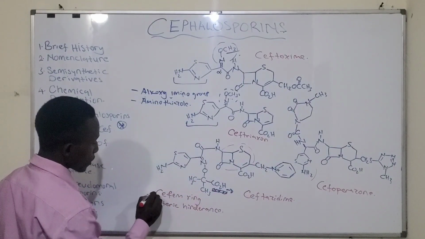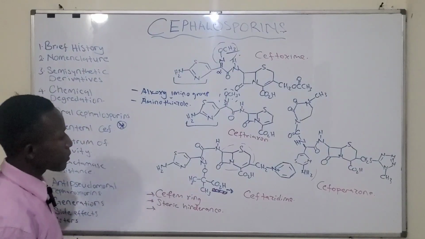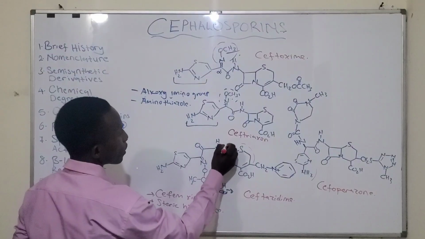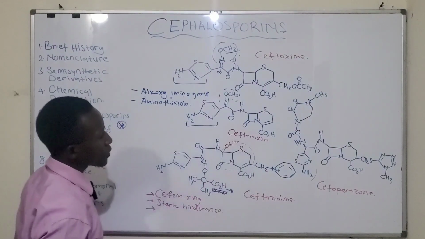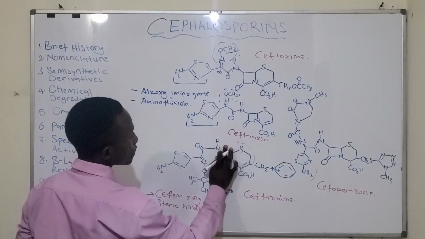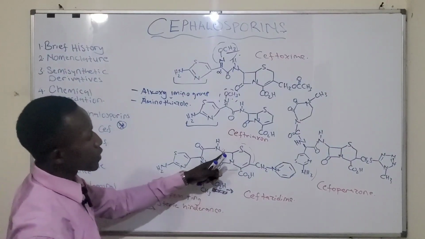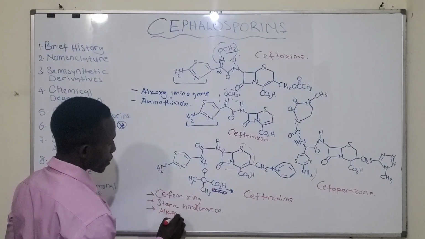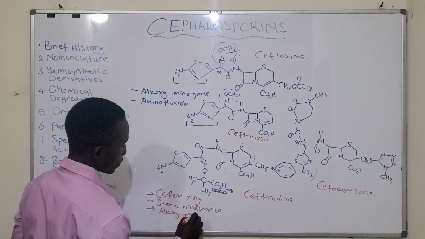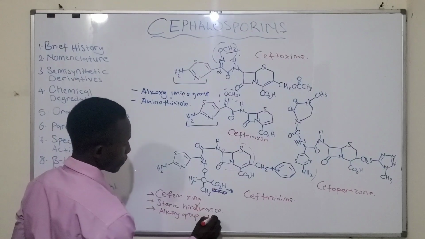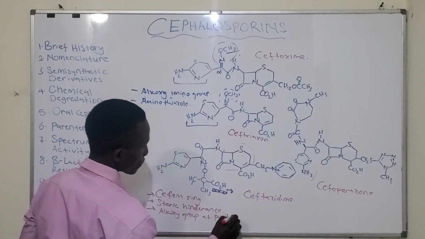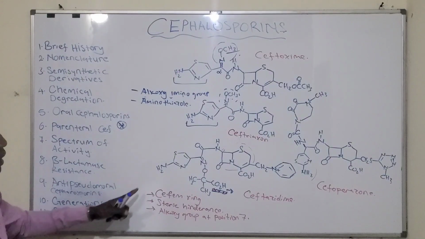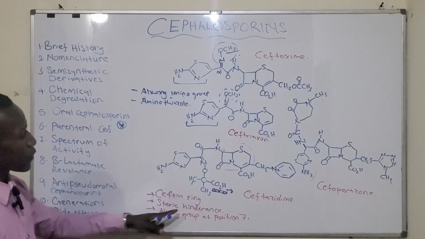Another thing which increases the resistance to beta-lactamases, for example, those cephamycins, which have the alkoxy group here, the OCH3. So this alkoxy group at position 7 also increases the resistance to beta-lactamases.